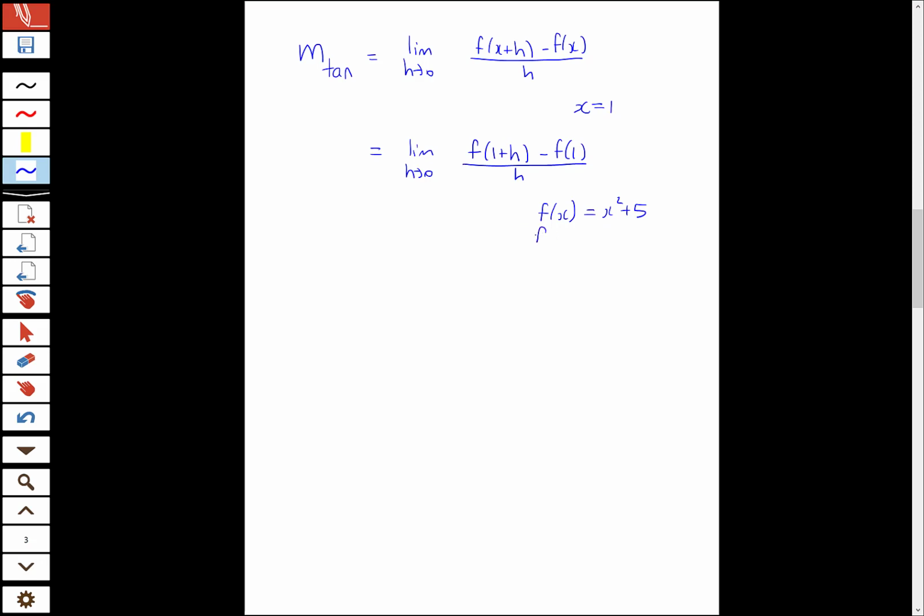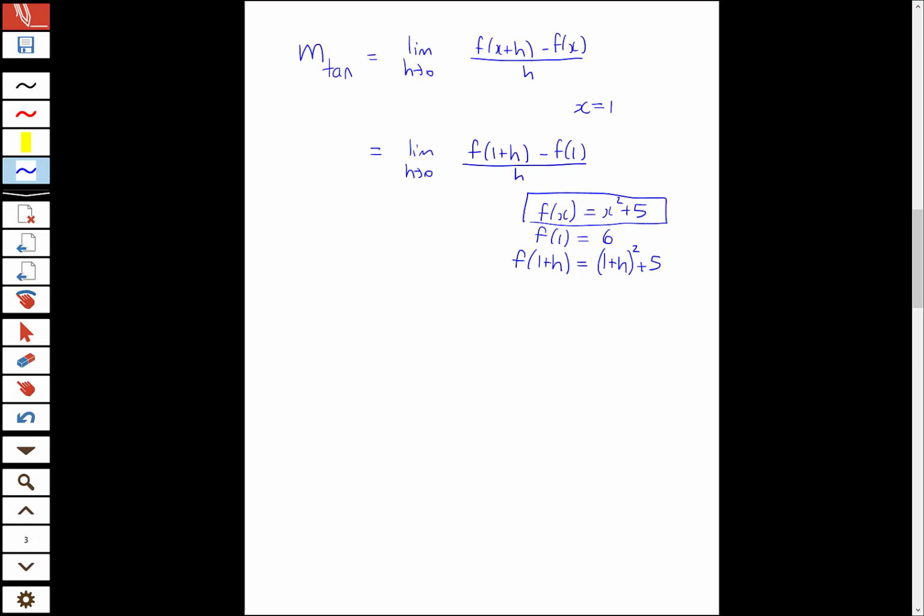We're saying the function f of x that we're working with in this problem is x squared plus 5. So if you wanted to calculate something like f of 1, you just sub in the x value 1, you'd get 6. If you wanted to calculate something like f of 1 plus h, then you want to look at your formula for f of x, and you want to replace every x that you see with a 1 plus h. So you'd have (1 plus h) all squared plus 5.